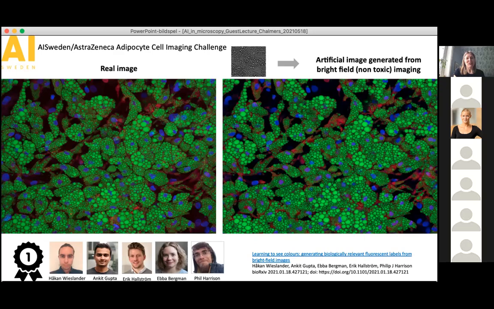And my students that were doing this were working super hard, and they were super happy to also win the first prize in this challenge. And the description of the approach is now under publication. And hopefully it will also come to use for drug discovery.